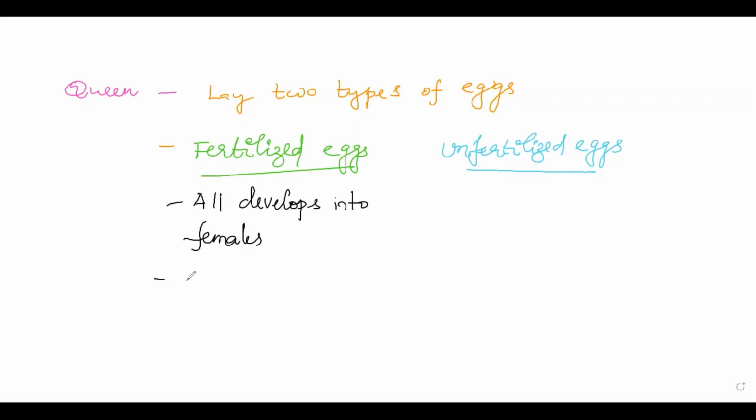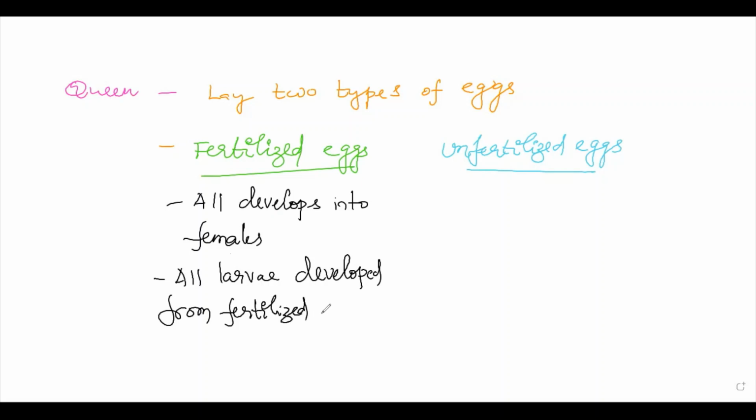That is, all larvae developed from fertilized eggs are fed royal jelly as a food material for the first 4 days only.